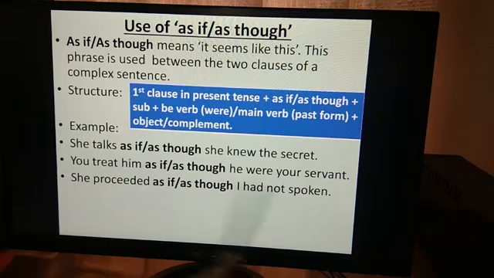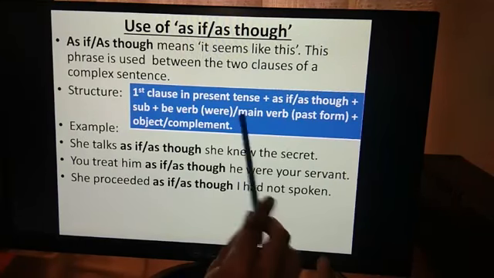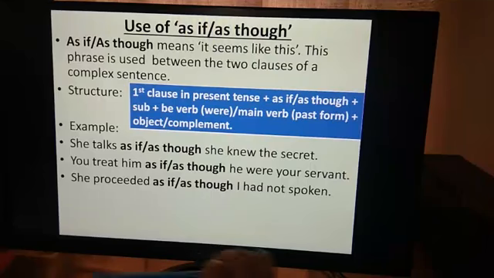So I had not spoken is totally in past tense, and this main verb becomes past. I had not spoken. Okay.